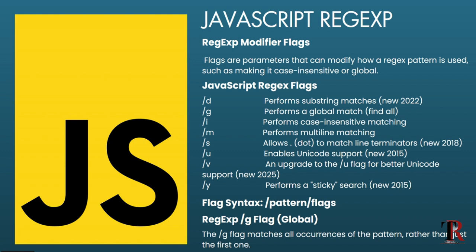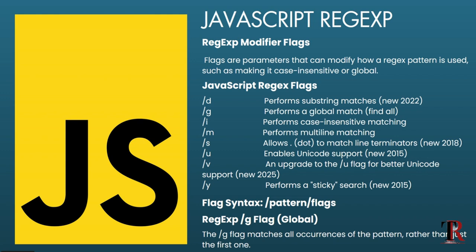So if your string is in capital letters and you are searching for a pattern in small letters, the /i is what helps perform case insensitive matching in order to return results, regardless of the case of the pattern you are looking for. Then we have the /m. It performs multi-line matching. We have the /s.